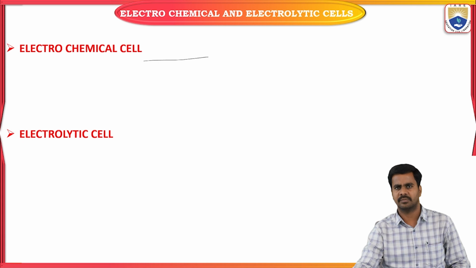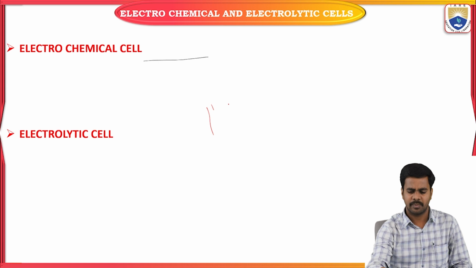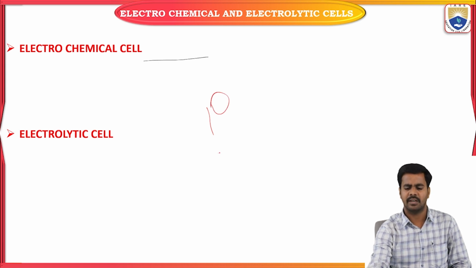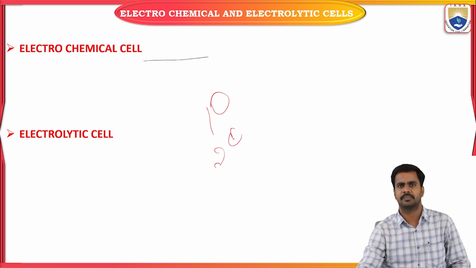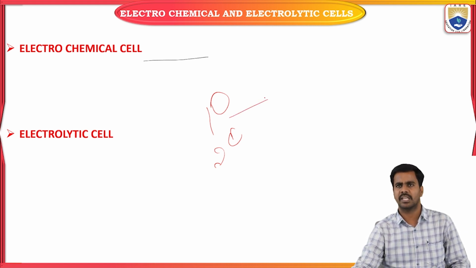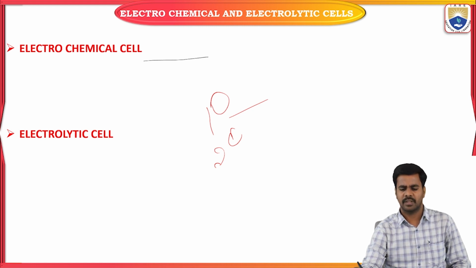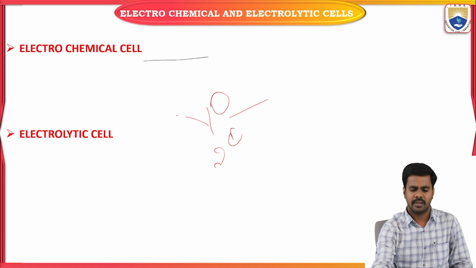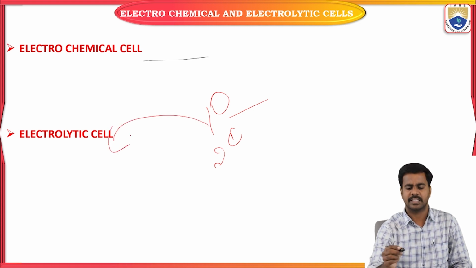Depending on the type of cells, batteries are classified into two types: primary batteries and secondary batteries. In most cases, primary batteries act as electrolytic cells.